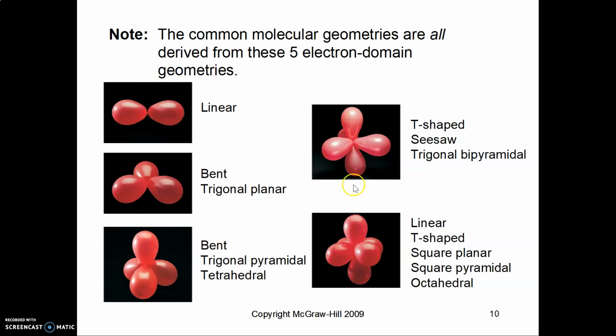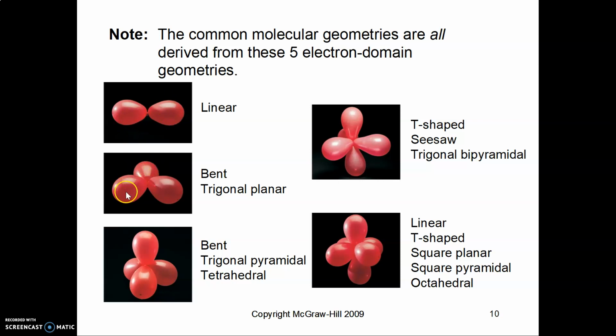Okay? So, to back up and explain how we got there, these 5 are your electron geometries. These are your molecular geometries. So if you have a linear electron geometry, you have to have a linear molecular geometry. Because remember, these electrons are as far away from each other as they possibly can be. There's no reason to move this around, because then they would actually be breaking the VSEPR theory.